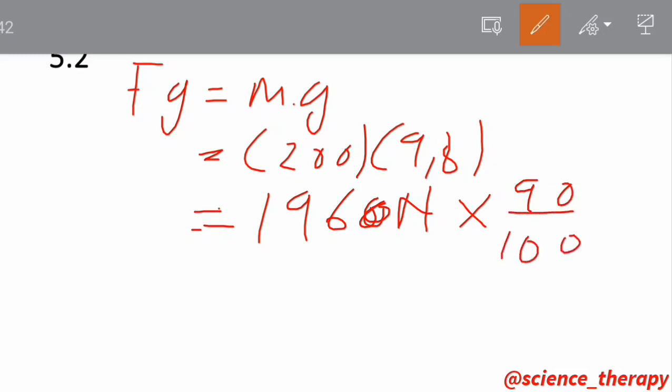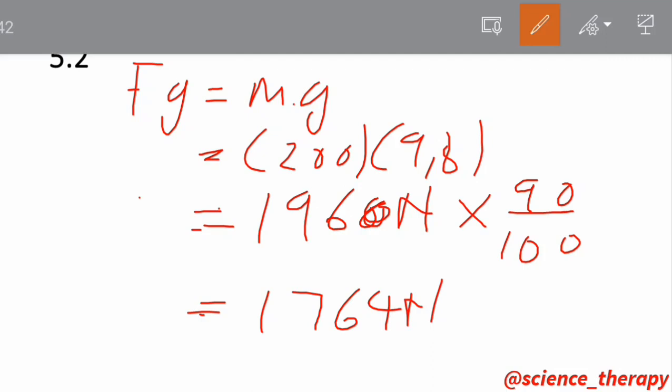So we can just say 1960 times 90 over 100. So you can see with that 7 marks that we still need to calculate a lot of values along the way before we can get to the actual value. So that's 1764 newtons.